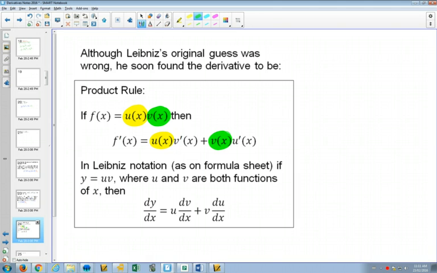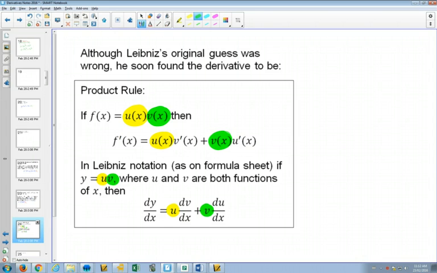If we use Leibniz notation, we've got one function u multiplied by another function v. And the derivative of that, you would keep that first function the same and then multiply by the derivative of the second one. Plus keep the second one the same and multiply by the derivative of the first one.